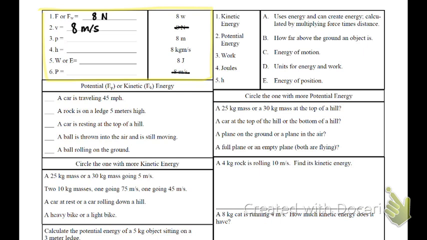P was the one we talked about yesterday. We haven't used it. Momentum. That one is the kilogram meters per second.